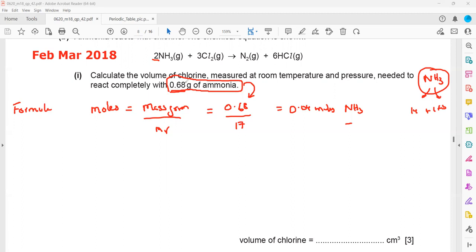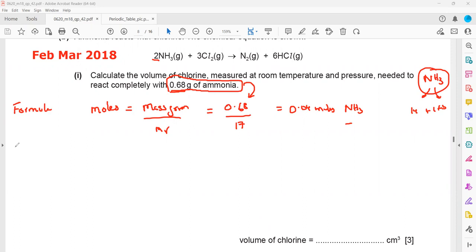But according to this mass, we don't have 2 moles. We divide by the molar mass, and molar mass is always for 1 mole. Whenever you use a molar mass, you always divide by the mass of 1 mole. So 0.68 divided by 17, we got the moles of ammonia. That is the first part.